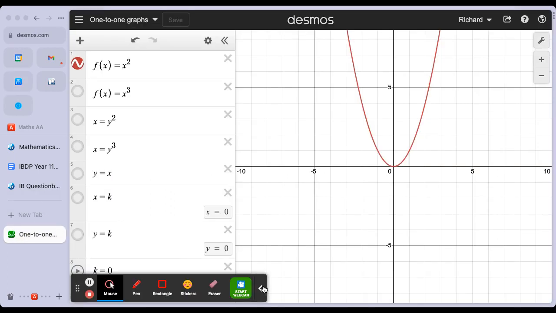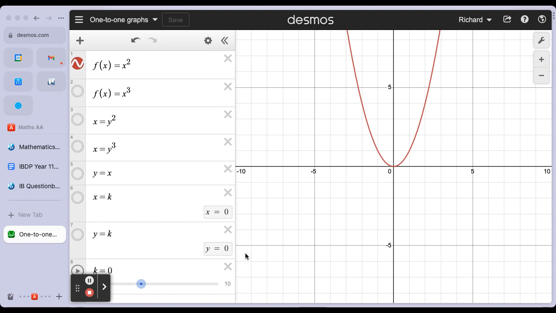Here is an example of a function that is not one-to-one. One-to-one means that for every output, there is only one input. That's probably a better way of looking at it.